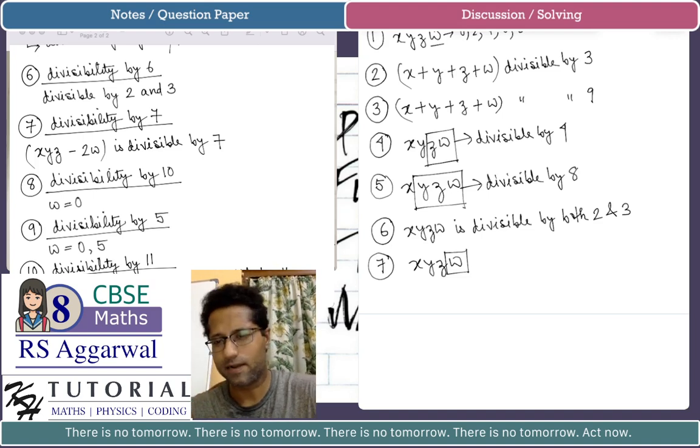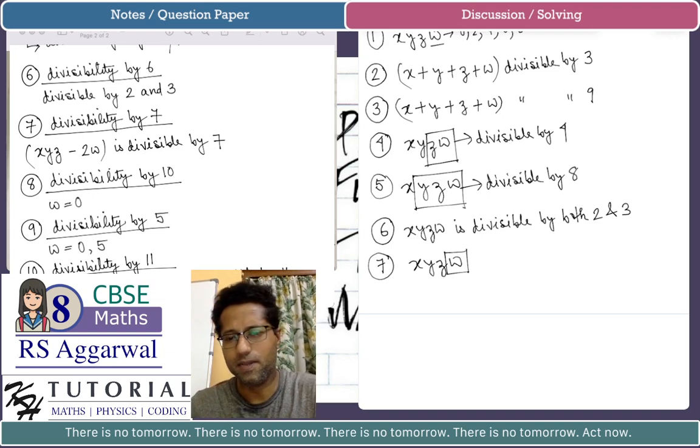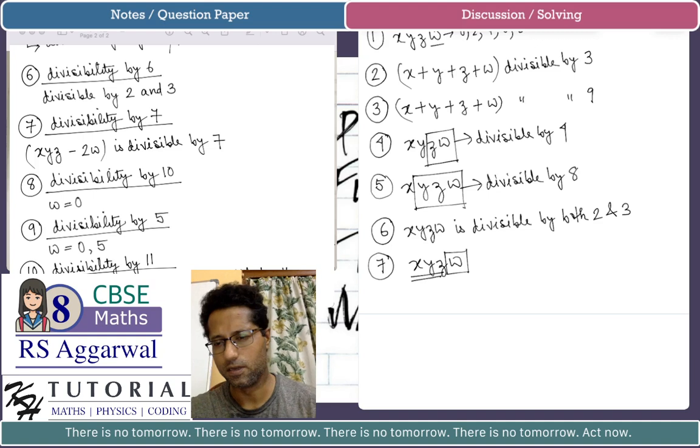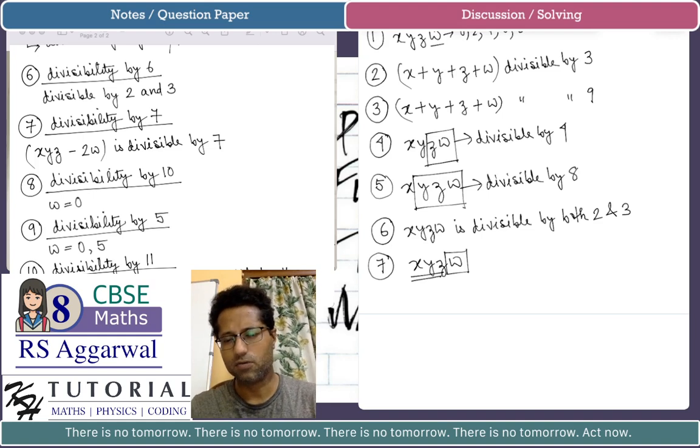You subtract that from the number formed by the remaining digits. This is the number formed by the digits excluding the units digit. The original number was XYZW. The digit at the units place is W. If you exclude the W, the number formed by the remaining digits is XYZ.